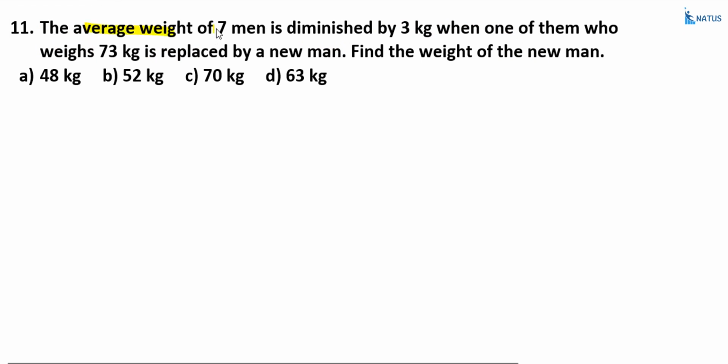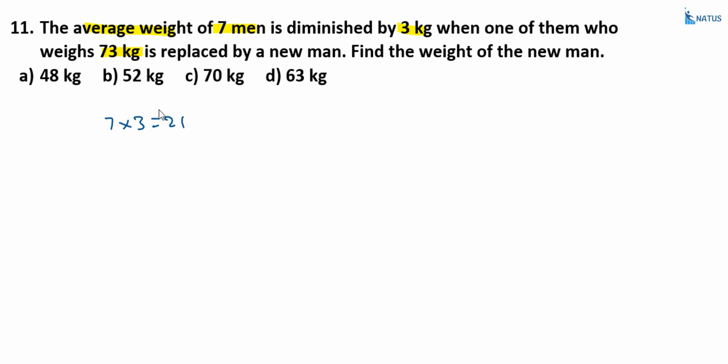The average weight of 7 men diminishes by 3 kgs when one of them who weighs 73 kgs is replaced by a new man. Here, what we require? The average weight of 7 men diminished by 3 kgs. So total how much it decreases? That is equal to 7 into 3, that is equal to 21. Why does it decrease?